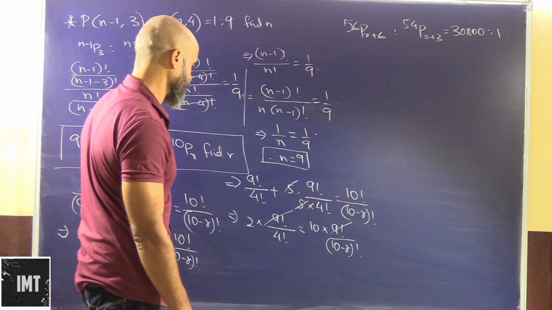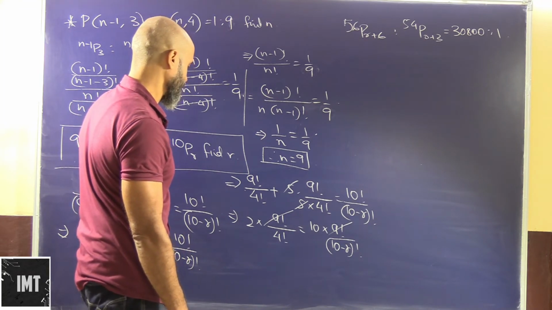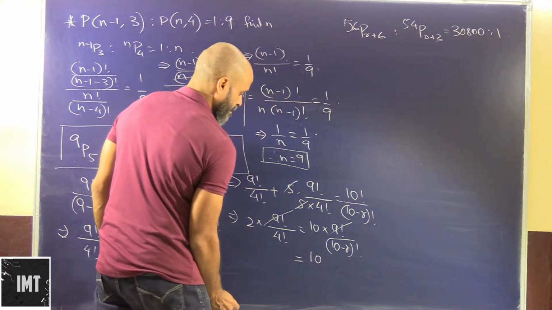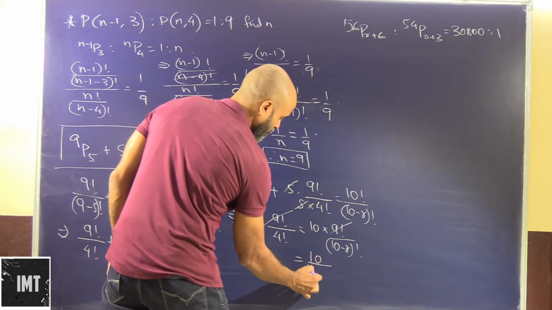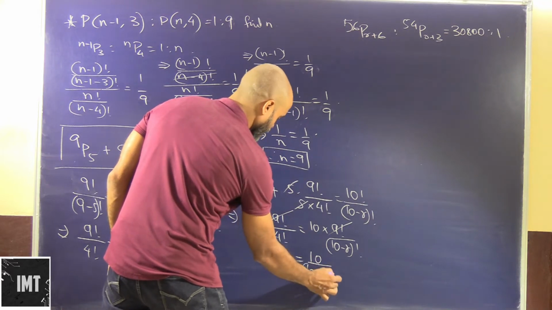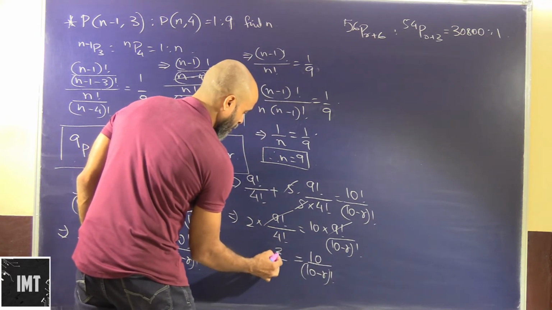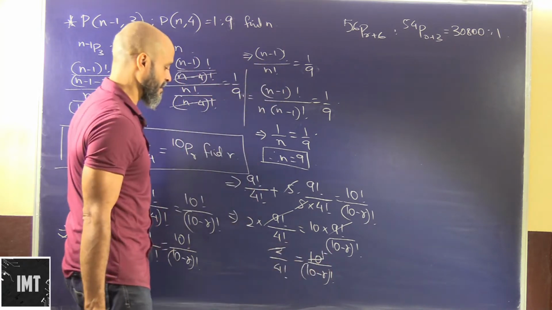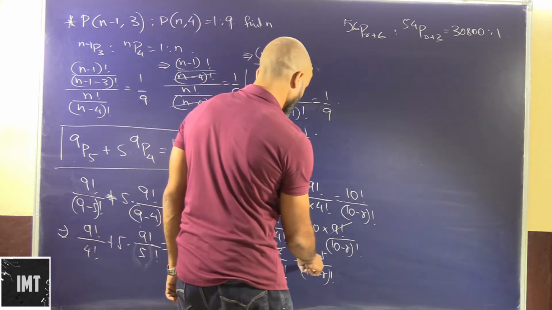So we have 10 upon (10-r) factorial is equal to 2 upon 4 factorial.